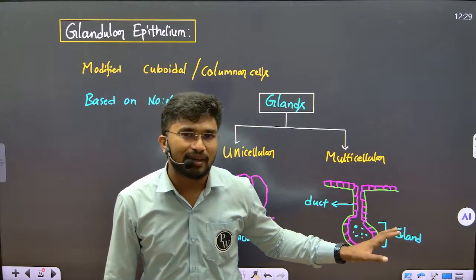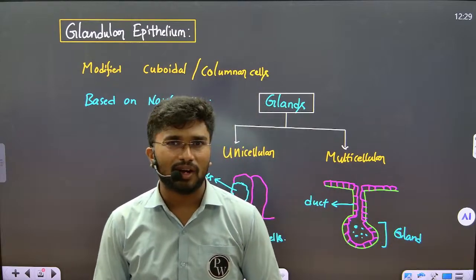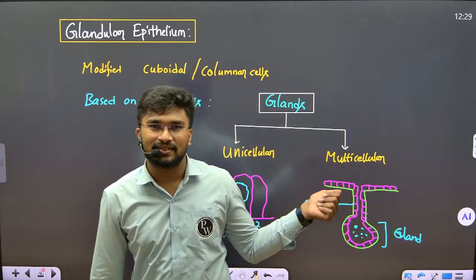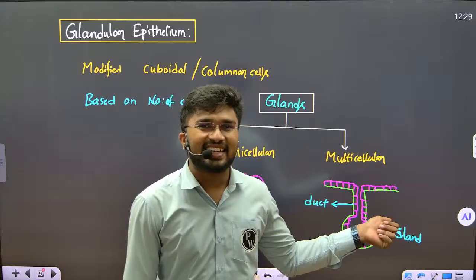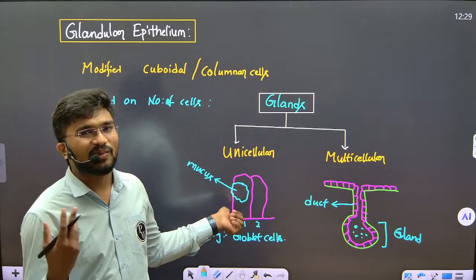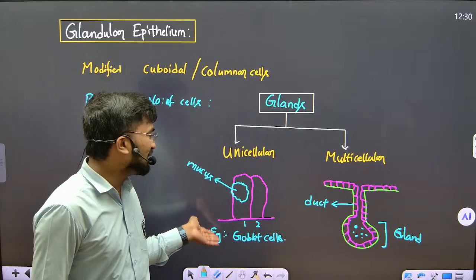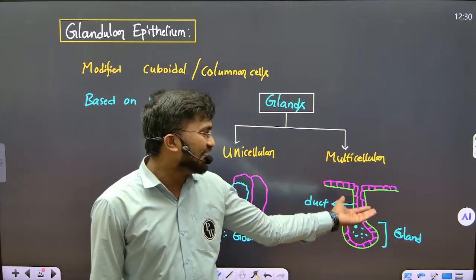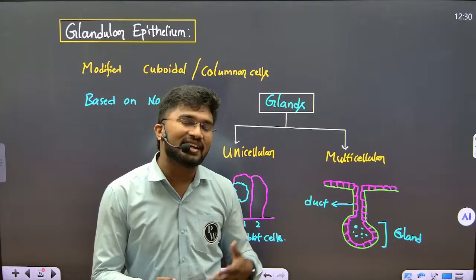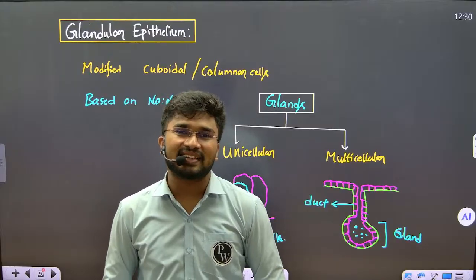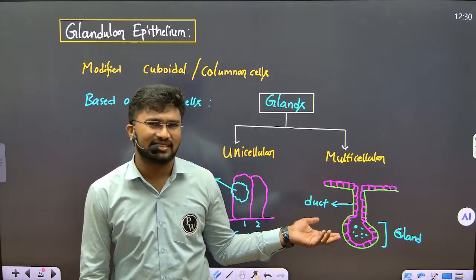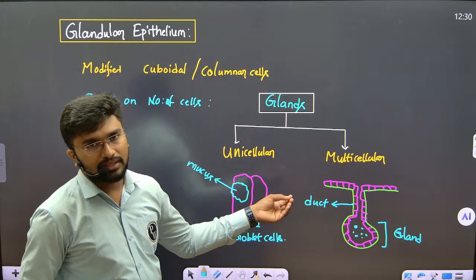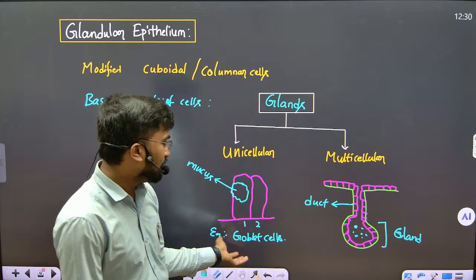The unicellular gland example in our body is the goblet cell. Only one is present in our body, the goblet cell. The remaining will be multicellular glands, for example salivary gland, pancreatic gland, thyroid gland, and others. Got it?